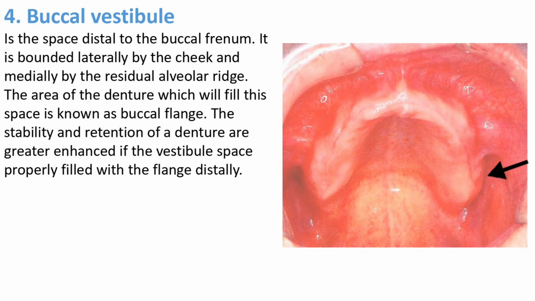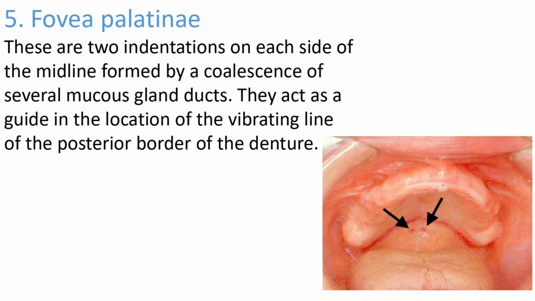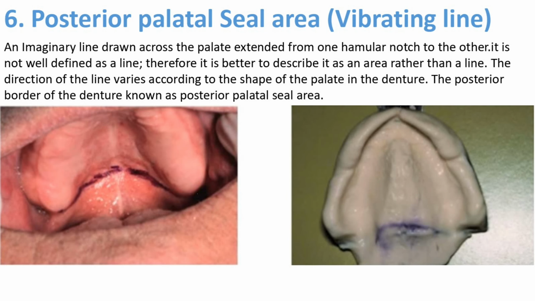Buccal vestibule is the space distal to the buccal frenum. It is bounded laterally by the cheek and medially by the residual alveolar ridge. The area of the denture which will fill this space is known as the buccal flange. The stability and retention of a denture are greatly enhanced if the vestibule space is properly filled with the flange distally.